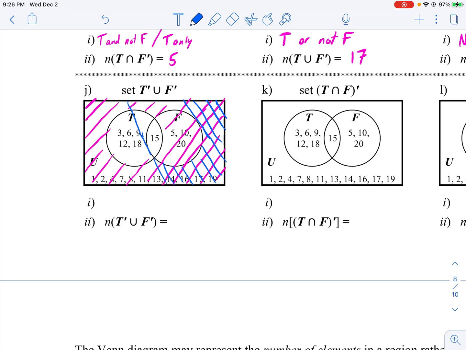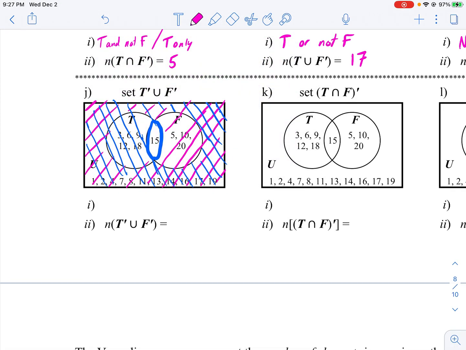I can't touch F. So what we're actually left with is the entire thing, except that middle portion here, is filled in. So we would call that not T or not F, and we only have one item left, which means we have 19 items that are either not T or not F.